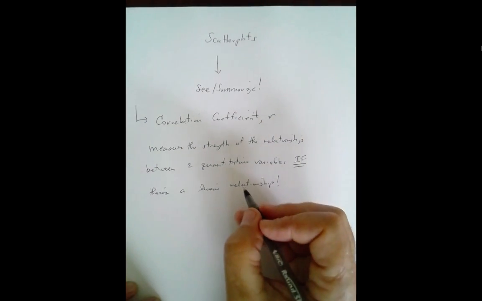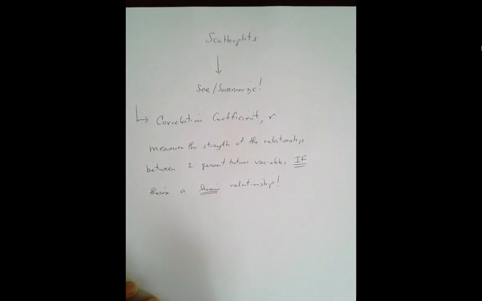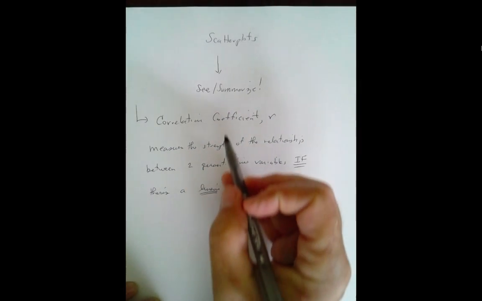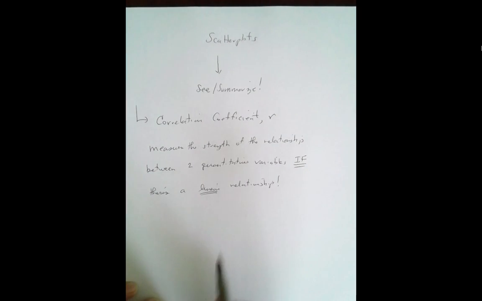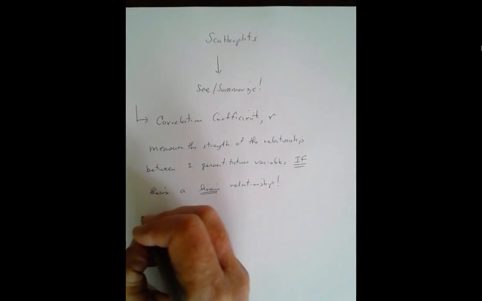So guys, the key is we need to look at the scatter plot and see if there's reason to believe that the relationship is linear. If so, we can implement this correlation coefficient and just get a numerical summary that provides more information about the strength of the relationship.